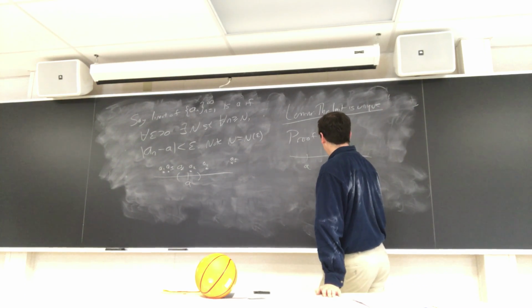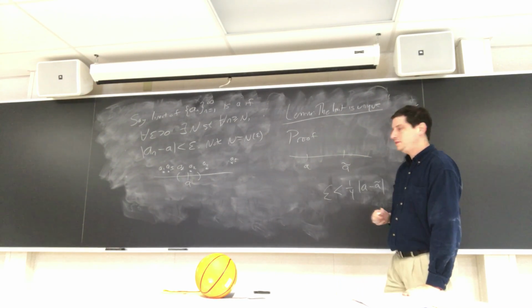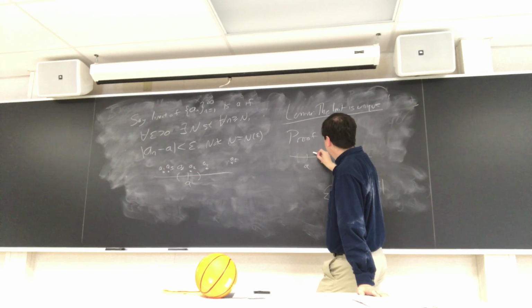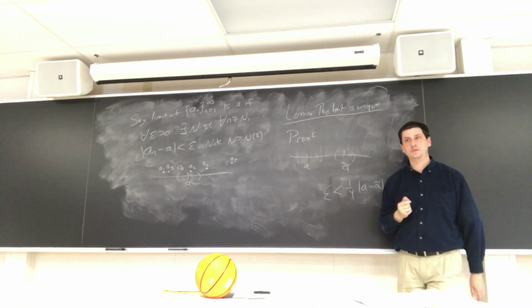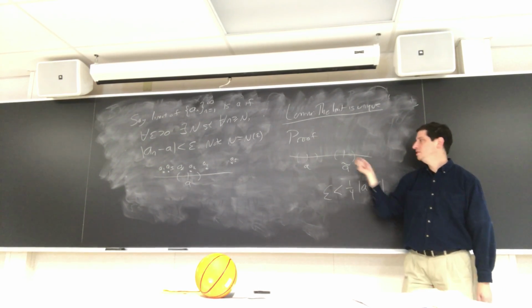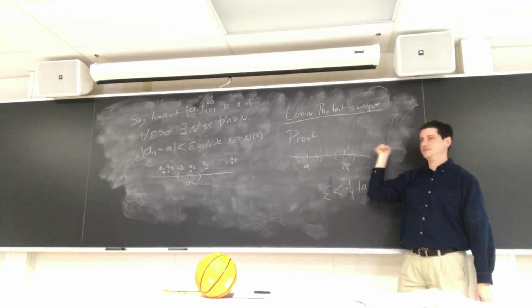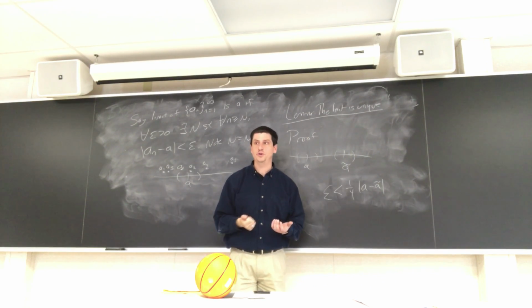So let's let epsilon be less than 1/4 the distance between a and a tilde. And the reason I'm choosing less than 1/4 is when I now draw my little windows about them, the windows are separated. If I chose epsilon to be, say, twice the distance, then this would come all the way past here, and this one would go all the way past there, and you could be simultaneously close to both.